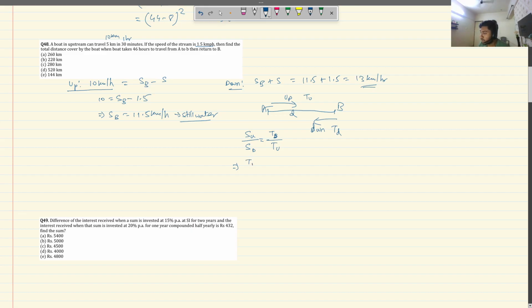So t downstream by टाइम अपस्ट्रीम इज, मेरा अपस्ट्रीम बोट का स्पीड क्या है मेरा 10 kmph, डाउन स्पीड क्या है 13 kmph. So this is my ratio of the time.